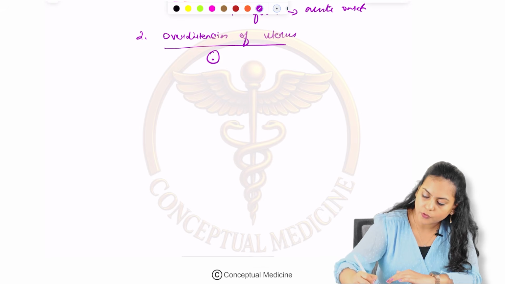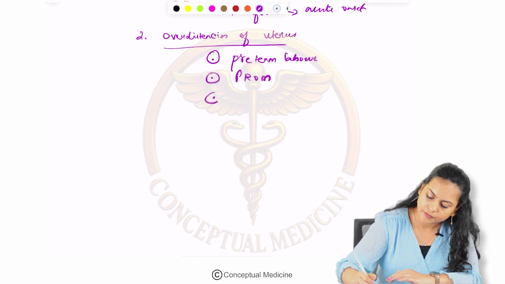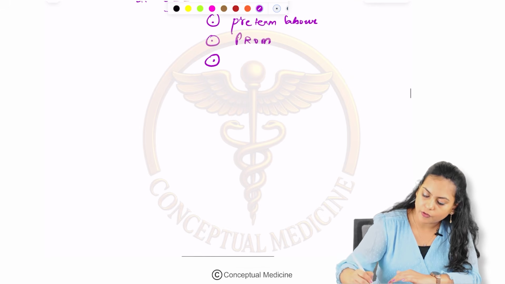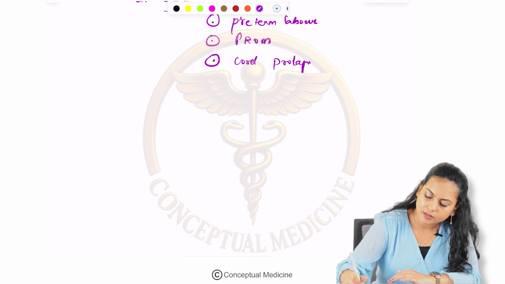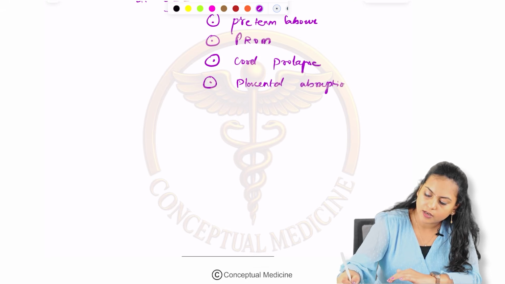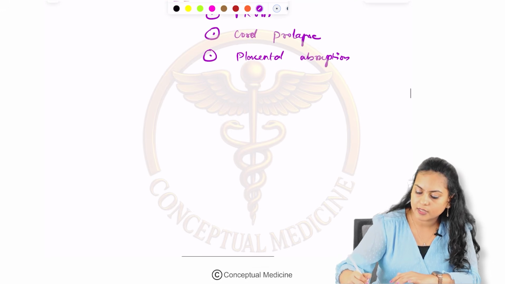So that can lead to preterm labor, premature rupture of membranes, and as the fluid overflows, there will be cord prolapse, placental abruption, because most of the fluid comes outside, there comes a negative pressure inside the uterus.